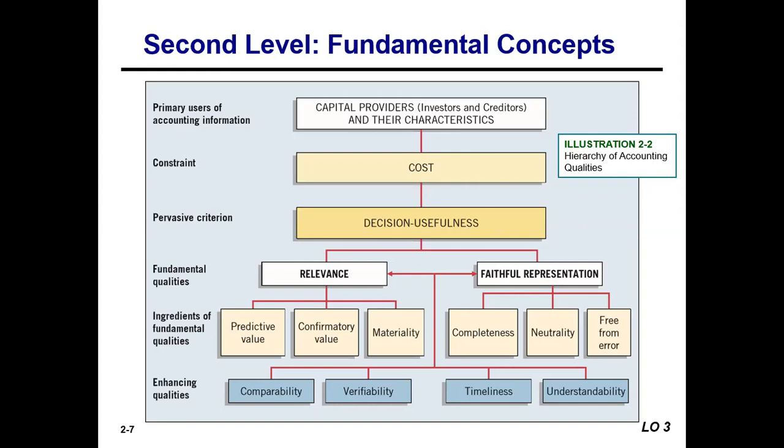And then from there, we move to these, again, enhancing qualities: comparability, verifiability, timeliness, understandability. Comparability, information that is measured and reported in a similar manner for different companies is considered comparable. So, again, when we think about the revenue recognition principle, we know that two American companies, for example, Apple and Microsoft, should be recognizing revenue in the same way, right?